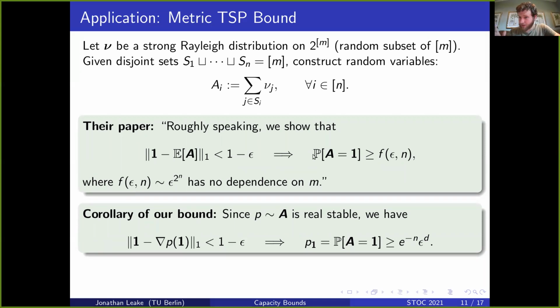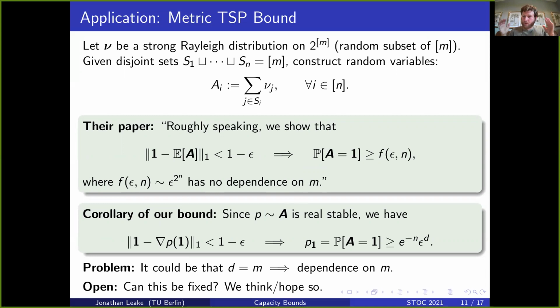And so that looks really good, but unfortunately, it's a little bit deceiving because this d can depend upon m, and it is crucial to their analysis that it doesn't. So this doesn't immediately apply to their situation, which is unfortunate.